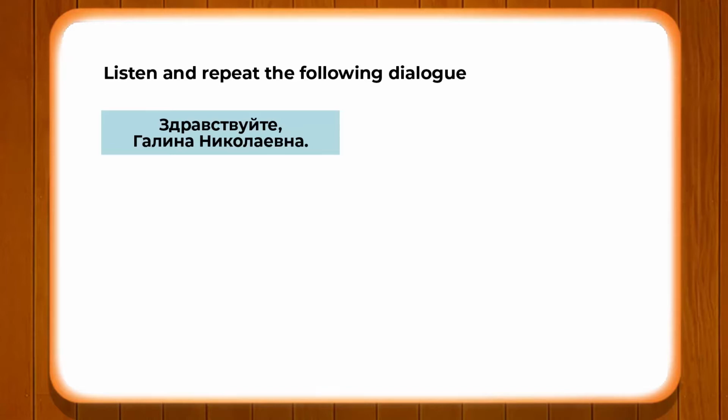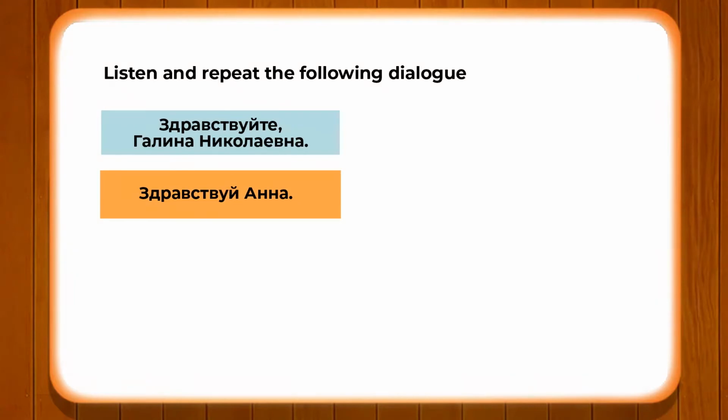Здравствуйте, Galina Nikolaevna, says Anna. And Здравствуй, Anna, says Galina Nikolaevna. What does it indicate? That Anna is younger than Galina Nikolaevna. That is why she is saying Здравствуйте, whereas Galina Nikolaevna is saying Здравствуй.